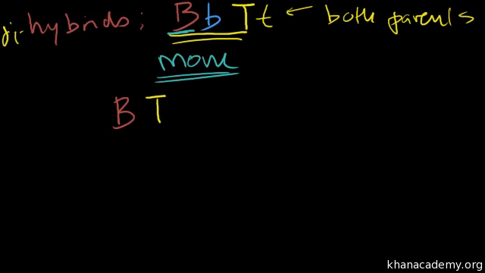Or she could contribute the big brown, and then the little t. Or she can contribute the blue eye allele and the big T. And then the final combination is this allele and that allele. So the blue eyes and the small teeth. So that's for mom.